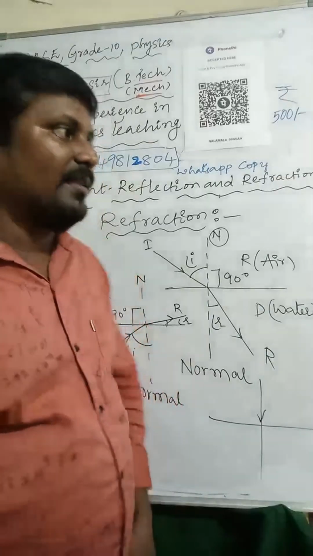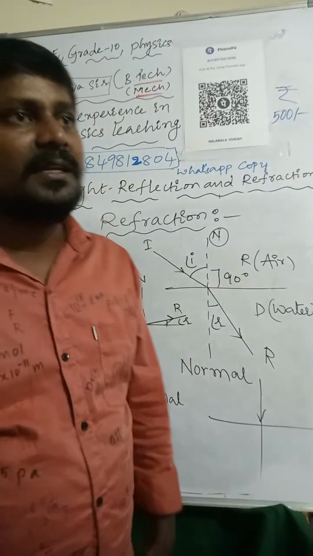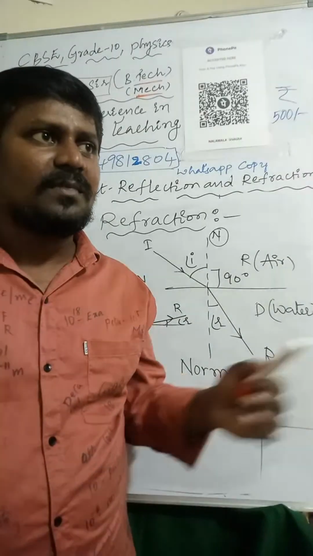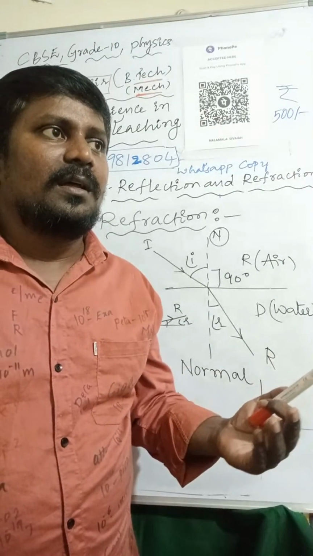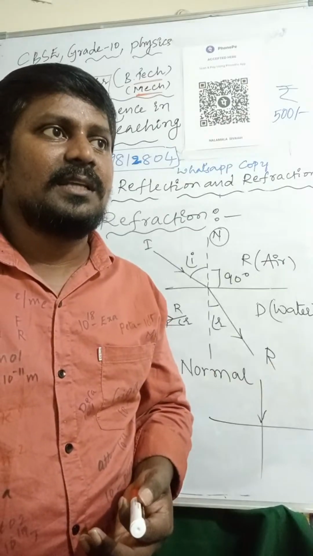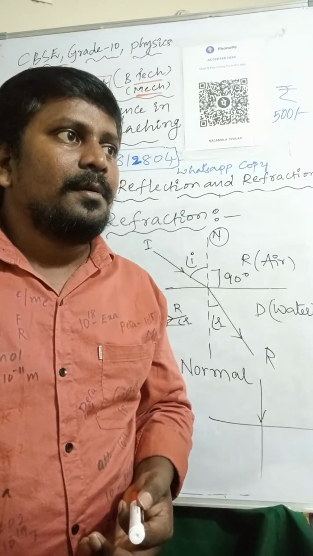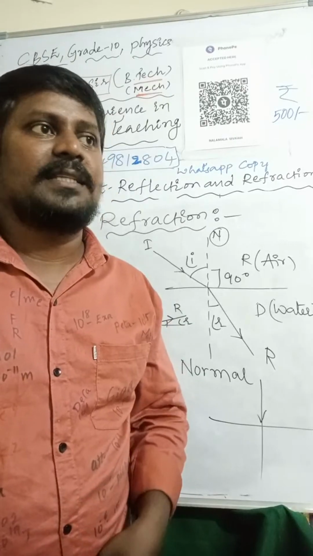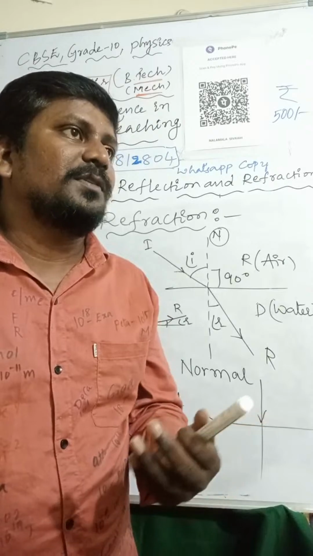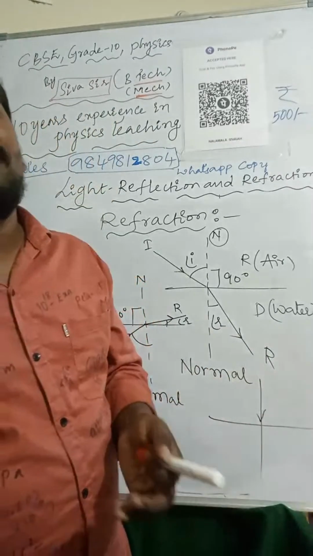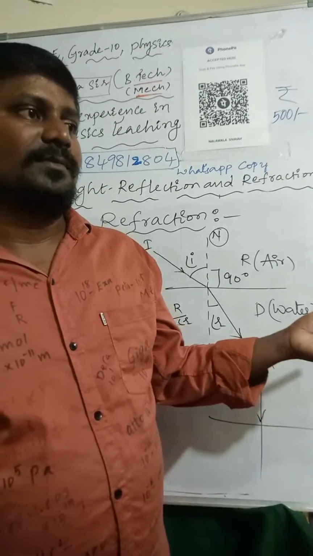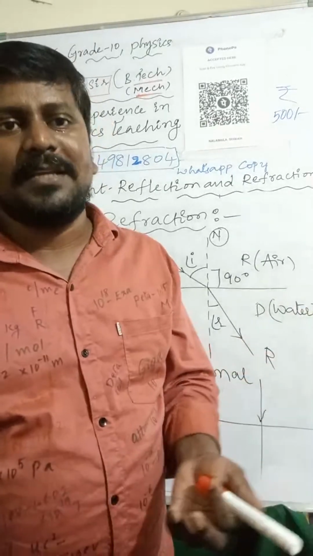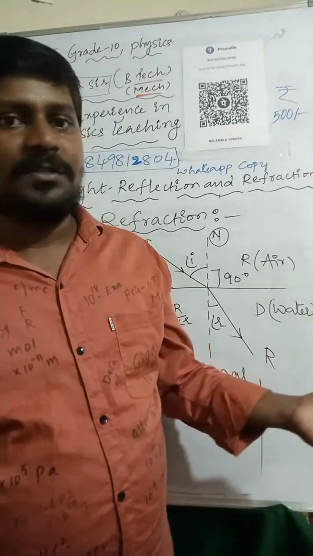In the exam hall they will ask about refraction. In the previous CBSE board exam they asked one question: draw the glass slab, show how refraction takes place when a light ray passes through the glass slab, and explain with the help of a diagram. A very simple 3 marks question.